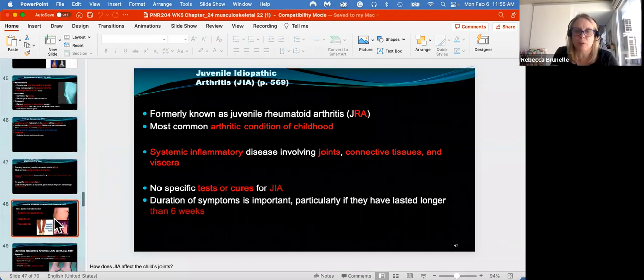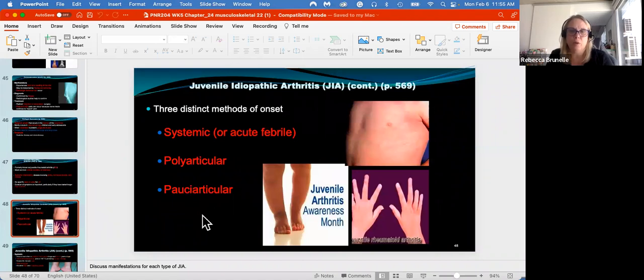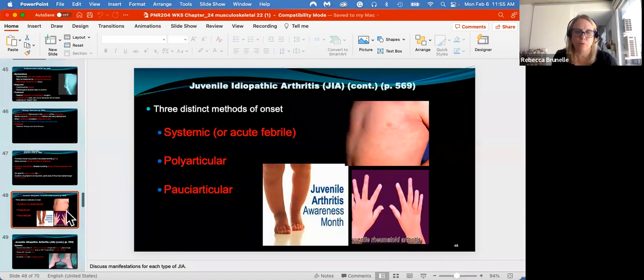And it's broken down based on if it's systemic, if it's polyarticular, or if it's pauciarticular. So poly is more than 5 joints, so multiple joints being involved, and pauciarticular is less than 5. Its subcategories are determined if you see all body responses like the rash or problems with your eyes, that's going to be systemic, and then also based on the number of joints that are involved.